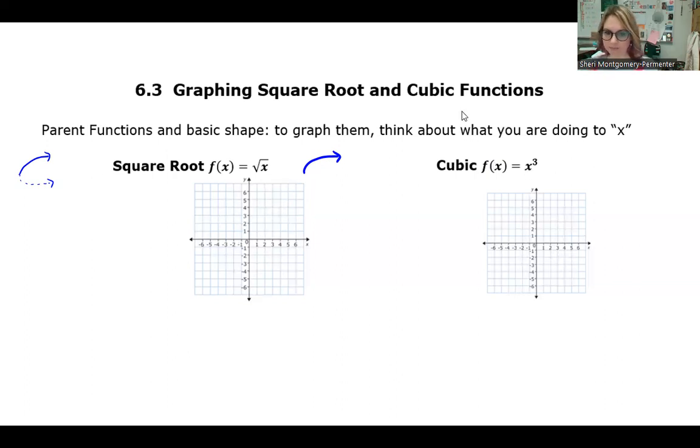A cubic function. Let me ask you this really quick. If it is to the third power, is that an even or an odd function? Odd. So the two sides of your graph, are they going to go in the same direction or opposite? A cubic is like a line in that a positive line would go like this.